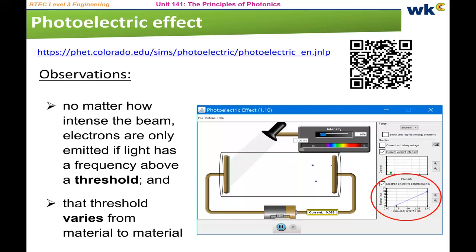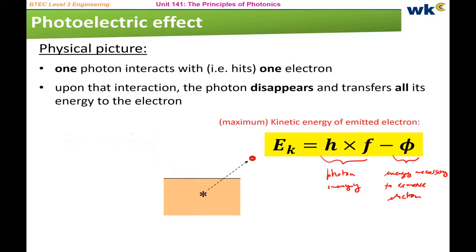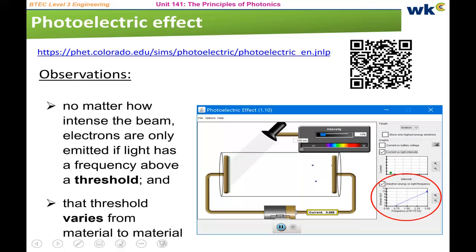Now, a few things that we need to notice. Normally, in a normal lesson, I would ask you to play a little bit with a simulation tool. If you do have a computer, you can play a little bit with this simulation tool. But the observations that we can make from this tool are as follows: no matter how intense the beam of light is, no matter how many photons you've got hitting the material, electrons will only be emitted if light has got a minimum frequency.